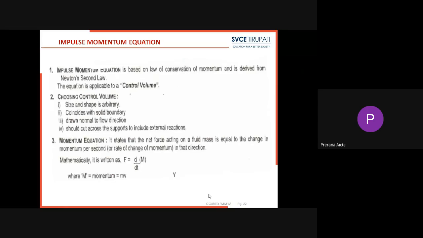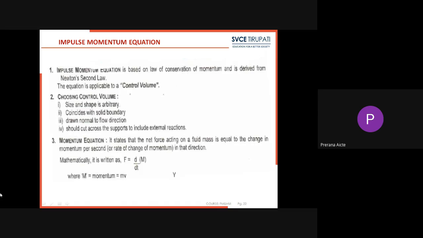Up to this we have completed fluid properties. Now we are going to discuss another chapter, that is the impulse momentum equation. This equation is mainly used to find the force acting on pipe bends and the force acting on pipe flows.